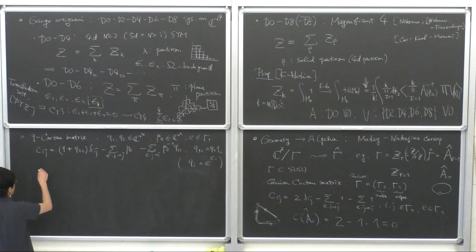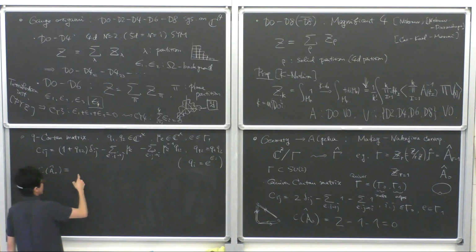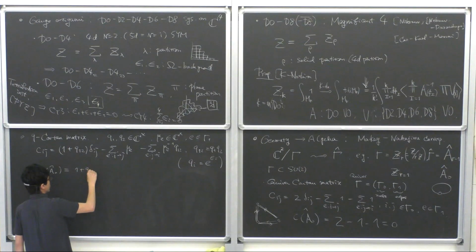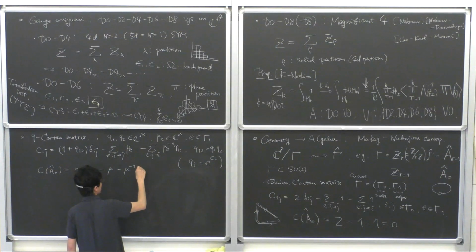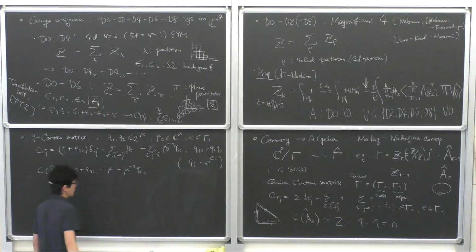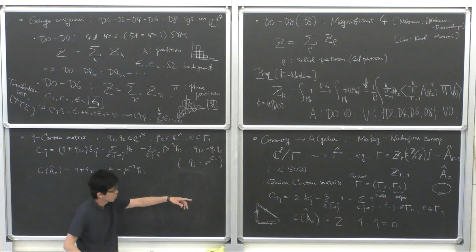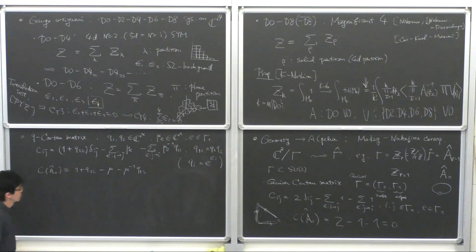And then in this case, what is Ether hat? It is 1 plus Q1, Q2 minus a certain mu, and then mu inverse and Q1,2. Now this mu is a parameter associated to this edge of this Ether hat here.